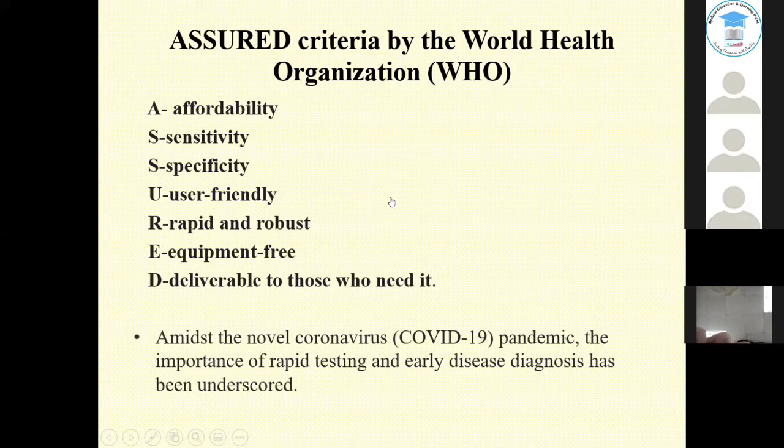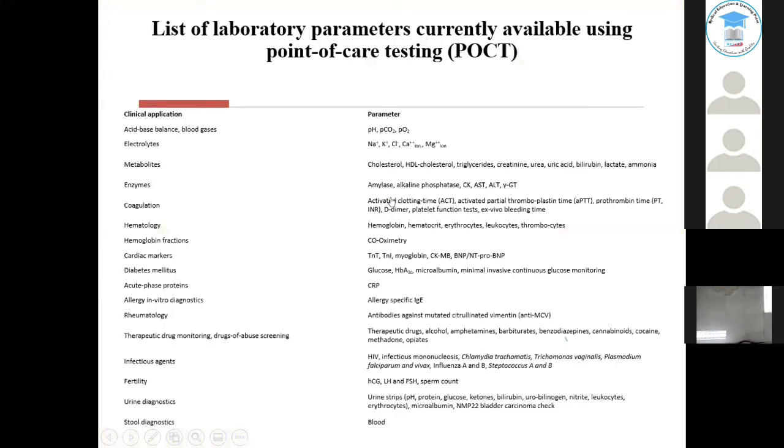So amidst the novel coronavirus pandemic, the importance of rapid testing and early disease diagnosis by POC has really been underscored. So very briefly, this is the list of laboratory tests which are available presently as POC.